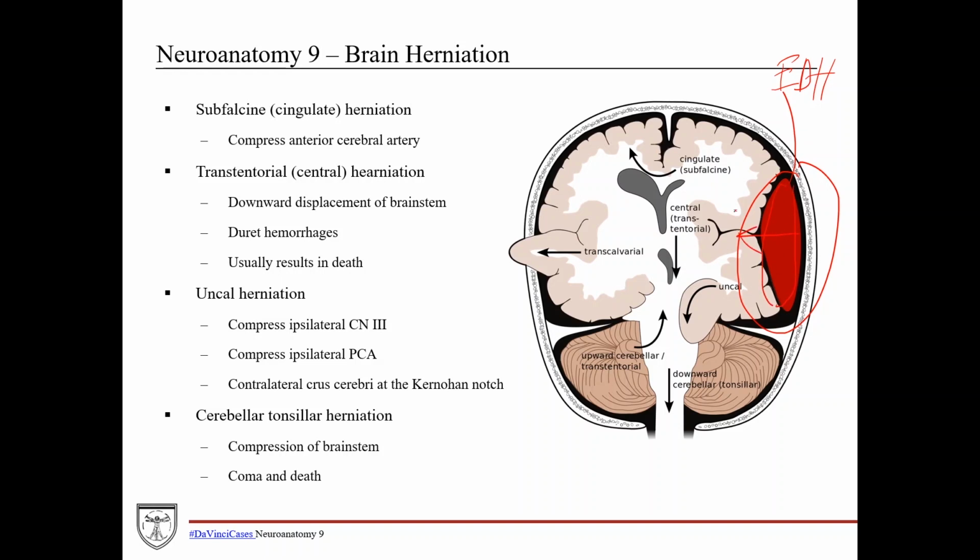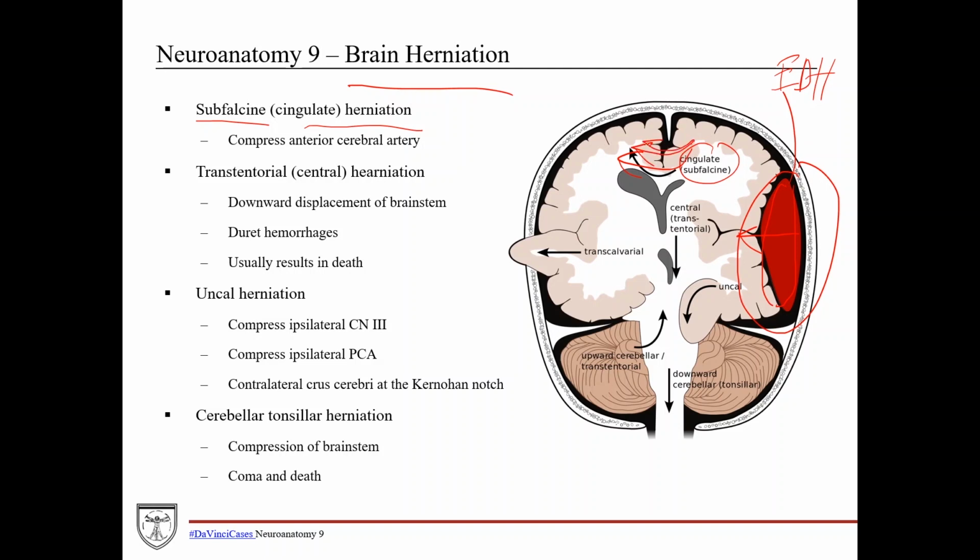And you can see it's going to start pushing on the brain like this, and this is where you get brain herniation. Brain herniation is actually how this ends up killing somebody, and we'll explain that in a second. The high yield ones you want to pay attention to are subfalcine or cingulate herniation. You can see that here, where you have compression of this portion, where it essentially slides under the falx like this.